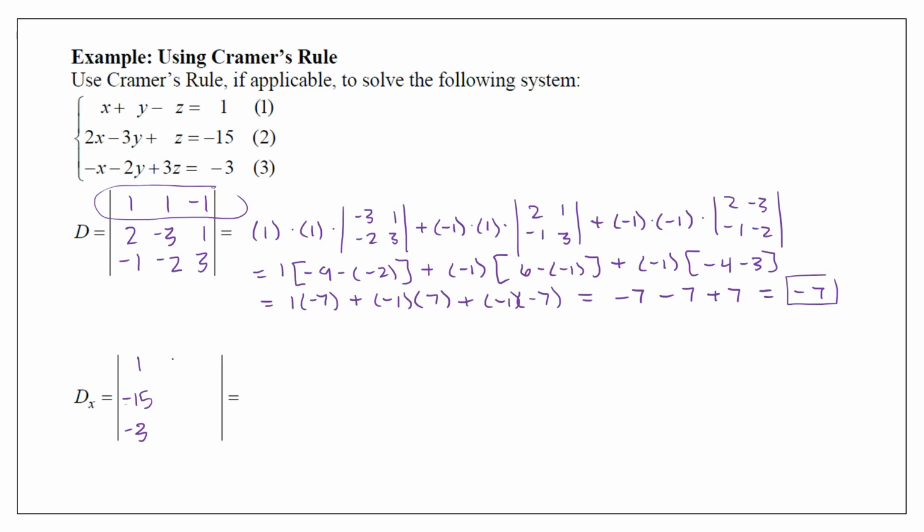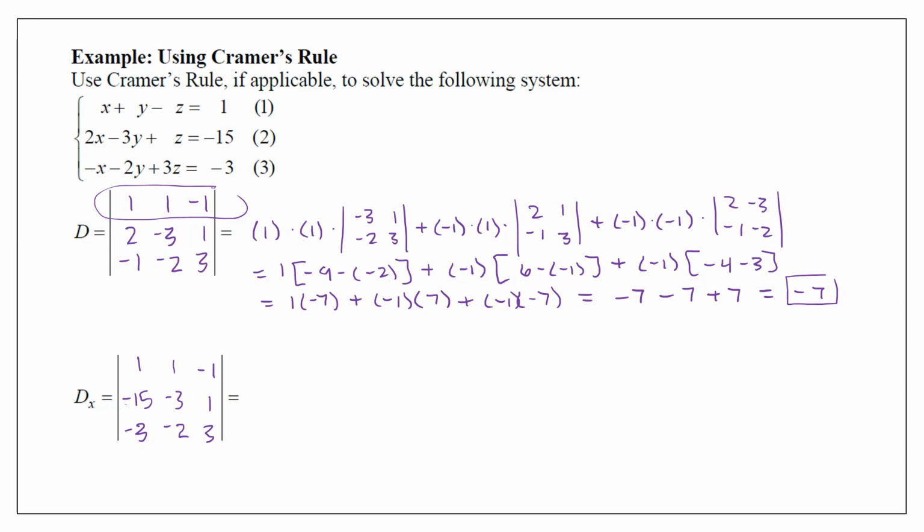And then the coefficients of Y and Z will remain the same. So 1, -3, -2, -1, 1, and 3. Okay. So similarly to how we found the value for the determinant, we are going to do the same thing for the determinant of subscript X.